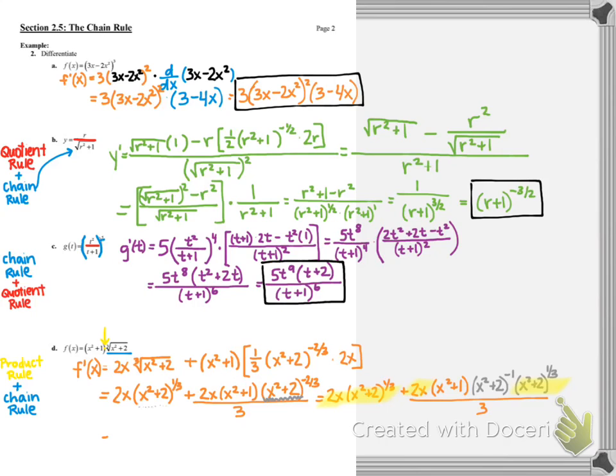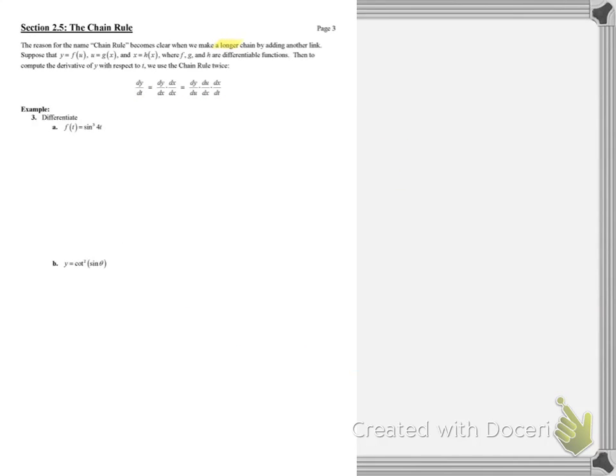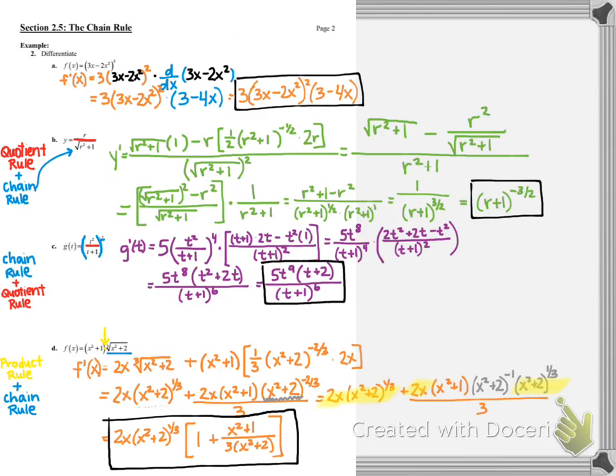So I'm going to factor out what I've highlighted in yellow, leaving us with the 1 plus and everything that was left. And that is the final answer.